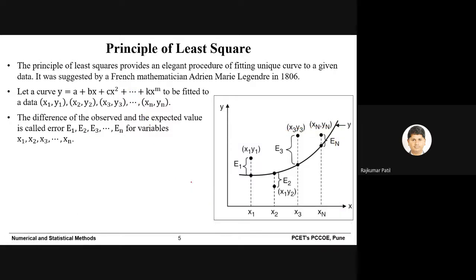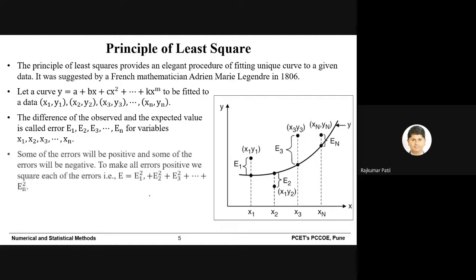Now, once you fit this curve, how to make sure that there is a least error, that it is a best fit? So if we start adding these errors, then the total value will be the total error, and our objective is that total error should be as minimum as possible. Now we cannot add this error value directly. Why?